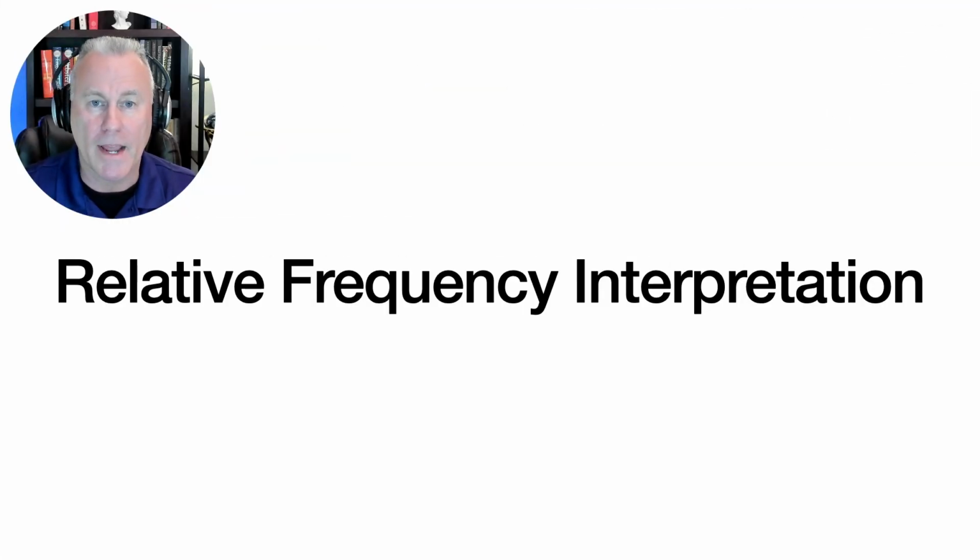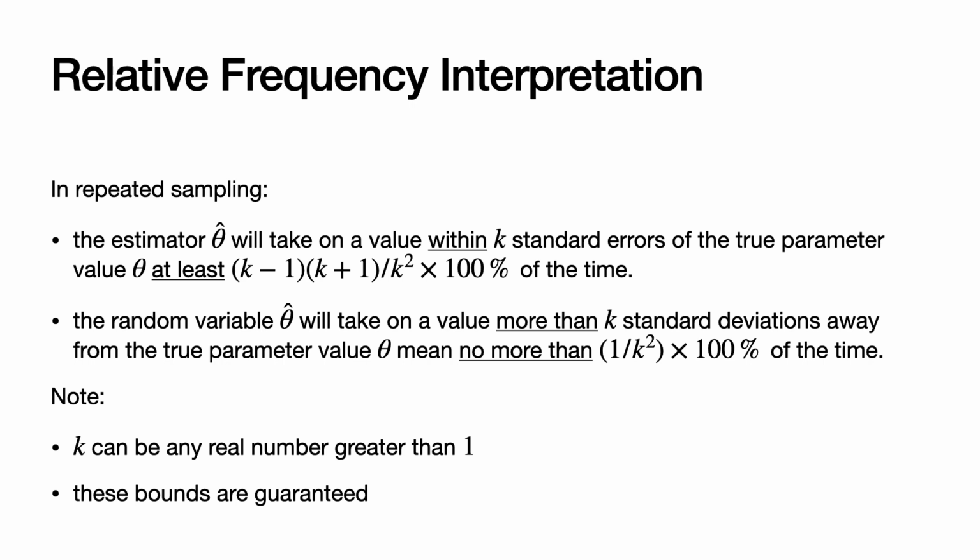So now let's provide a relative frequency interpretation for these probabilities. In repeated sampling, the estimator theta hat will take on a value within k standard errors of the true parameter value at least (k minus 1)(k plus 1) over k squared times 100% of the time.